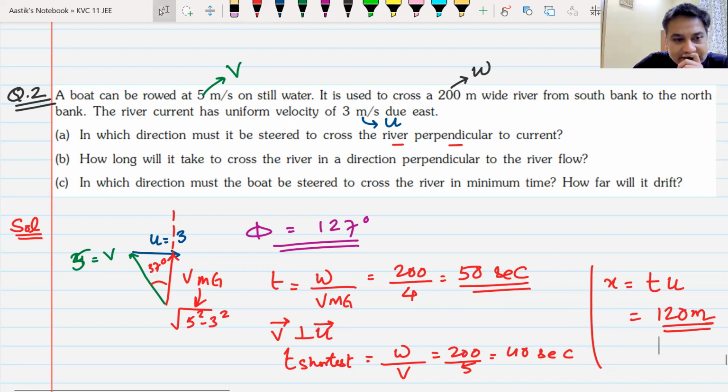This is how things are done. Do we understand this? Pakka? Shall we move ahead? So the last category of problems.